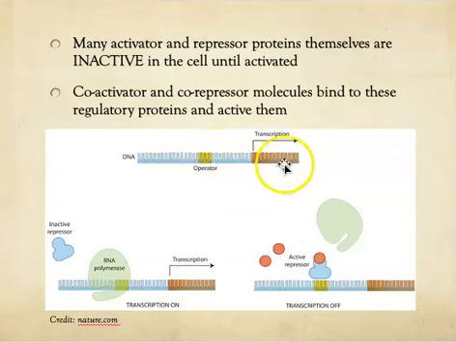The protein coding region is here, so the operator is upstream from the protein coding region. And this matters because look what happens when the activated repressor protein sits on the operator. It's going to bind to that operator, and it will physically prevent access to the promoter next door.